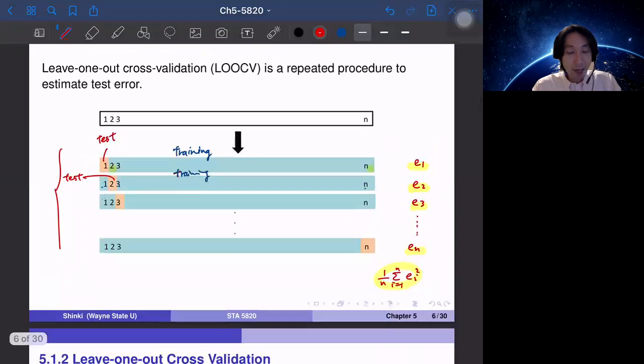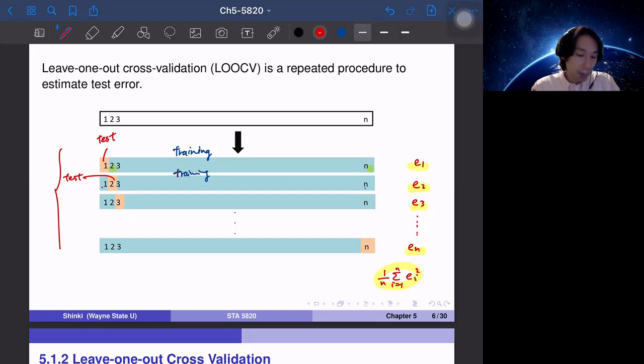But at least this is ideal. At first, the training set is large enough, right? The training set is n-1 observations, so it almost replicates the entire sample. In terms of the reliability of estimates, it's the same level as using all observations. That is one good thing.